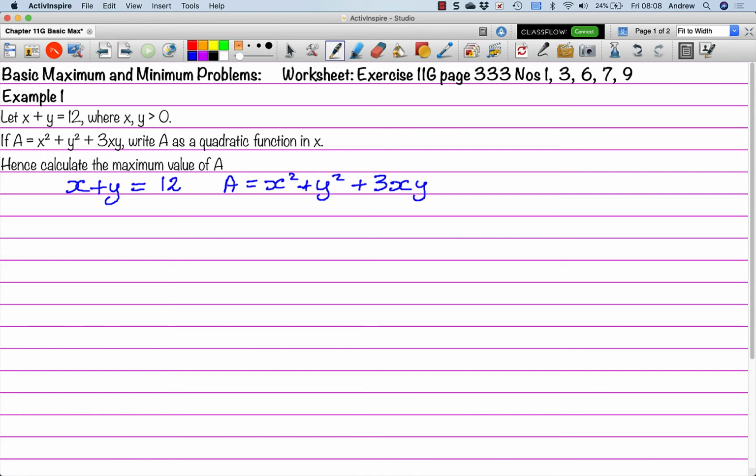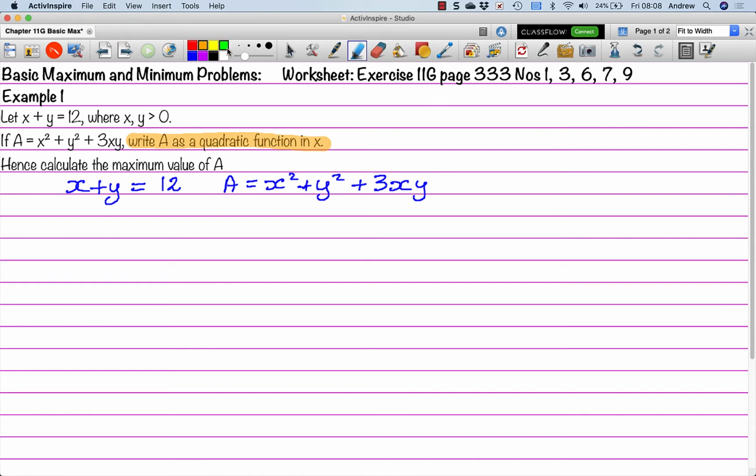And when you've done that, you need to read the question more carefully, because now you have a focus. And the question here says, and this may not say it in the exam, in the exam, you may have to second guess this for yourselves, write A as a quadratic function in x.